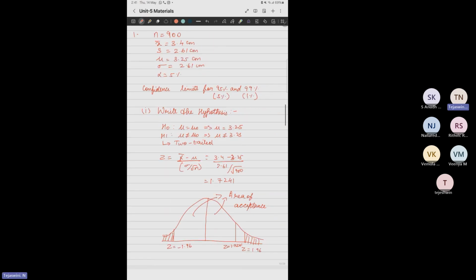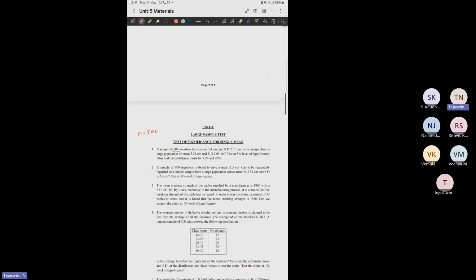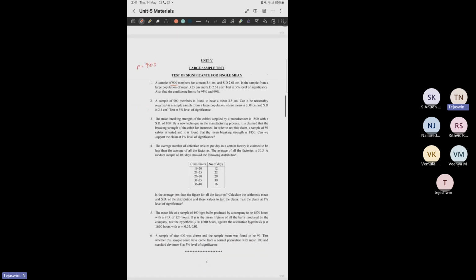The sample mean is given to be 3.4 centimeter, x bar, and the standard deviation is given to be 2.61, that is S. And then the population mean is given to be 3.25, and then the population standard deviation is given.